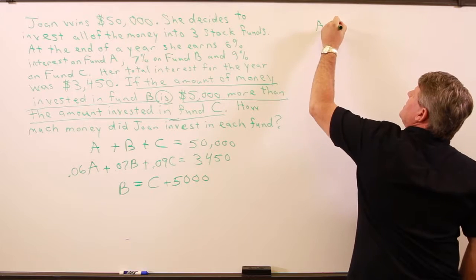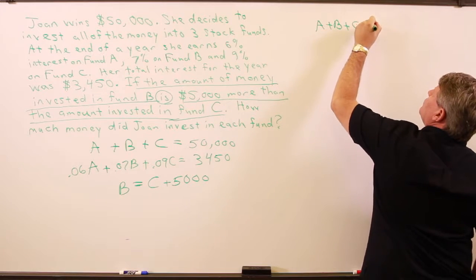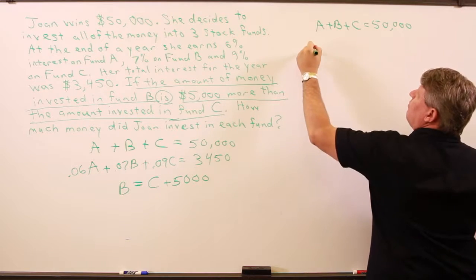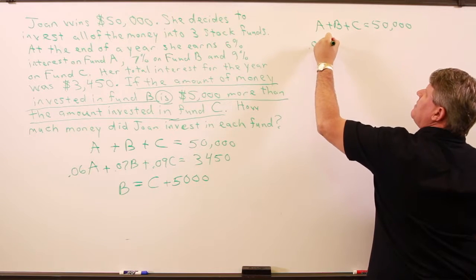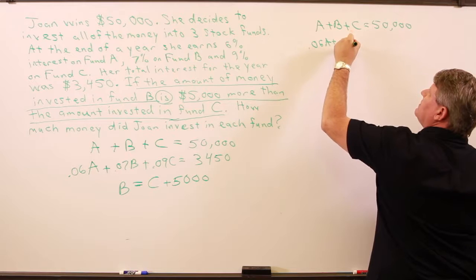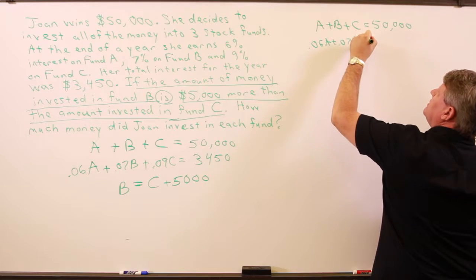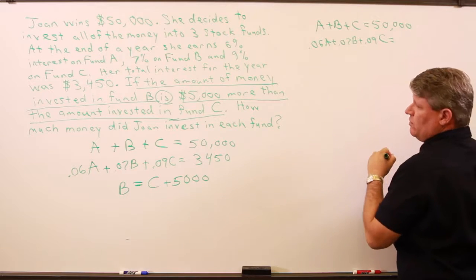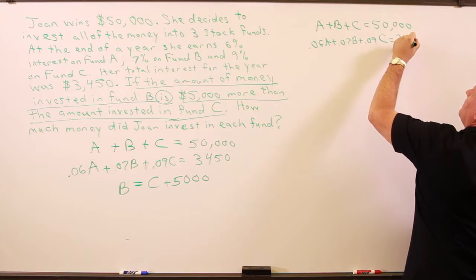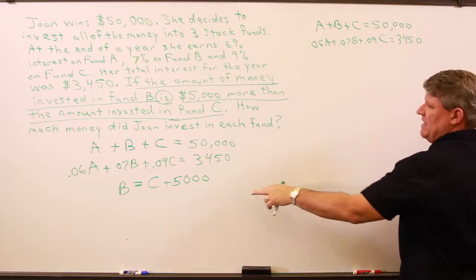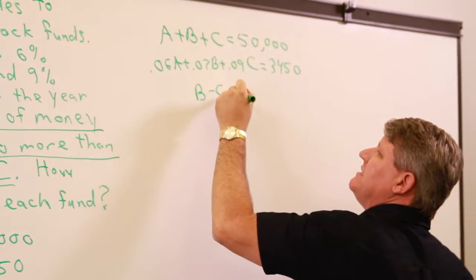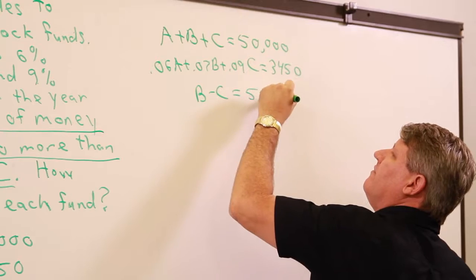A plus B plus C is equal to 50,000. 0.06A plus 0.07B plus 0.09C is equal to 3,450. And then my third equation becomes simply B minus C is equal to 5,000.